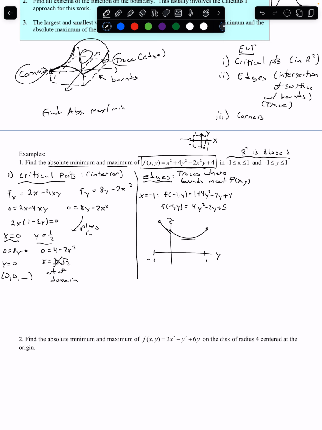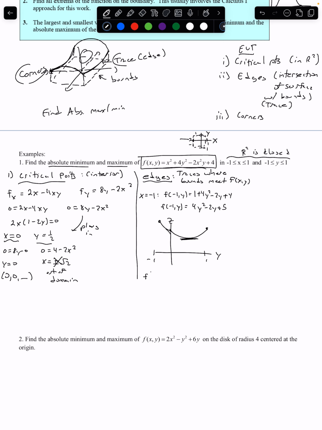So now, if we're looking at this trace here on the yz plane, where x is -1, I just need to find this point. Well, from Calculus 1 last year, how do we find that point? Very simple. We just take the derivative and set it equal to 0. And that's what we're going to do here.